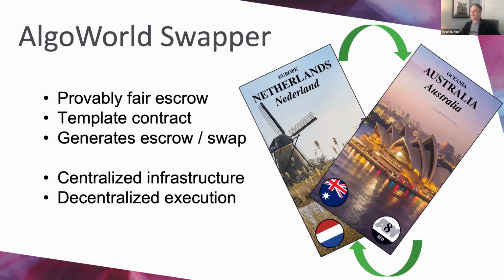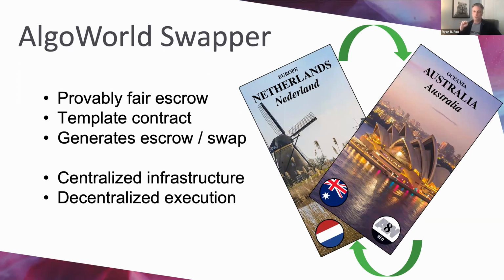The design, or what it is meant to do, is to be a provably fair escrow, where I have created a template contract, and I present that to everybody for verification, and then it will generate brand new escrows for swapping two different cards between two different users.